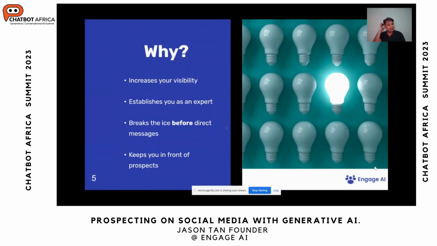And when I say increase the visibility, not only are you appearing in front of the guy that you are trying to prospect, but also imagine if you are commenting on the CEO of a multinational company, people who are reading his post are equally going to see your comment.